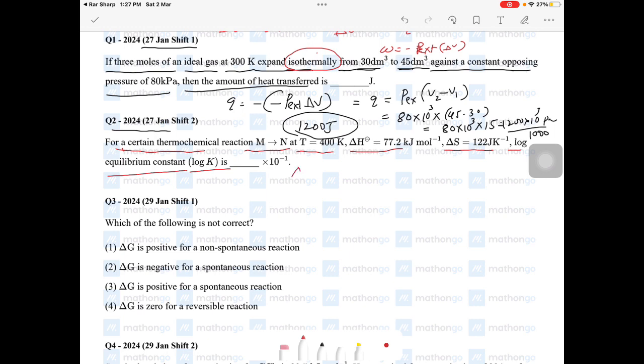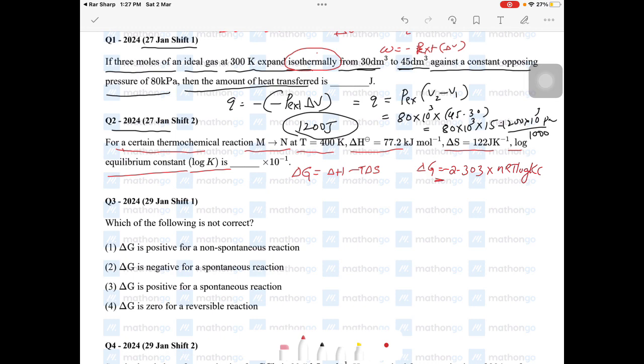Now take a reaction, delta G is equal to delta H minus T delta S. Another equation, delta G equal to minus 2.303 nRT log Kc.